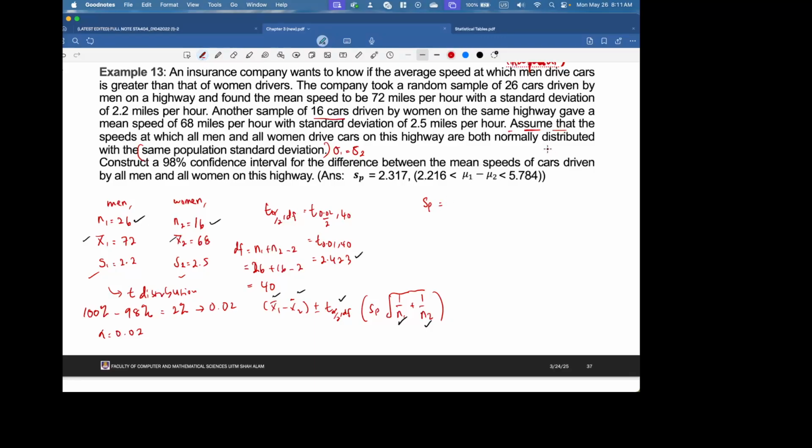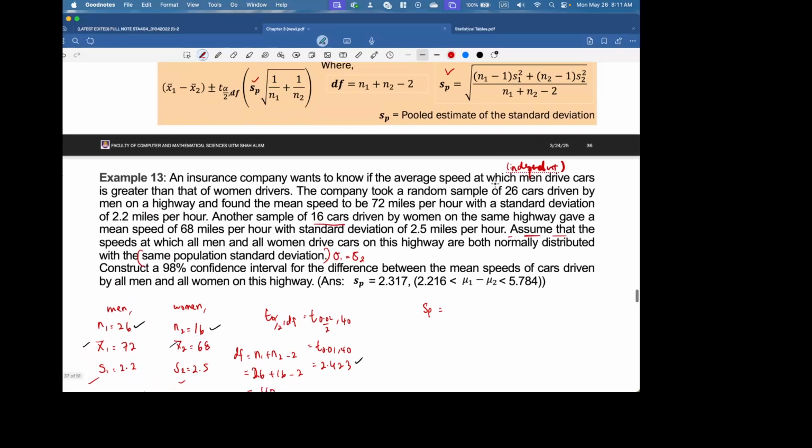This is the formula: Sp equals the square root of n1 minus 1 times S1 squared plus n2 minus 1 times S2 squared, over n1 plus n2 minus 2.